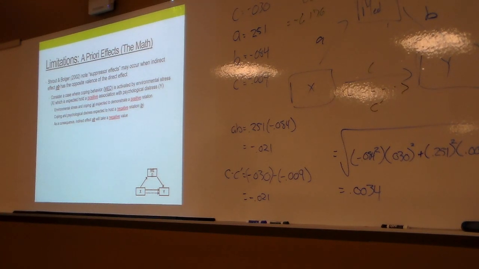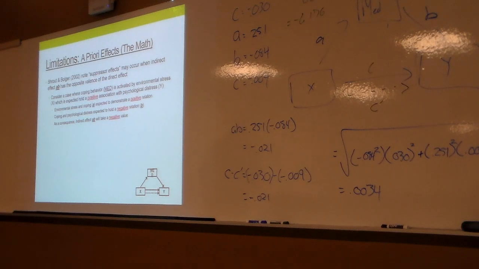And I would also expect that as my coping increases, my psychological stress would go down, right? Coping increases, stress goes down, right? So I expect B to have a negative association. So Nick, what's the valence of my indirect path here? If I take a positive effect, multiply it by a negative effect, what's my AB path? Negative. It's going to be a negative path, right?